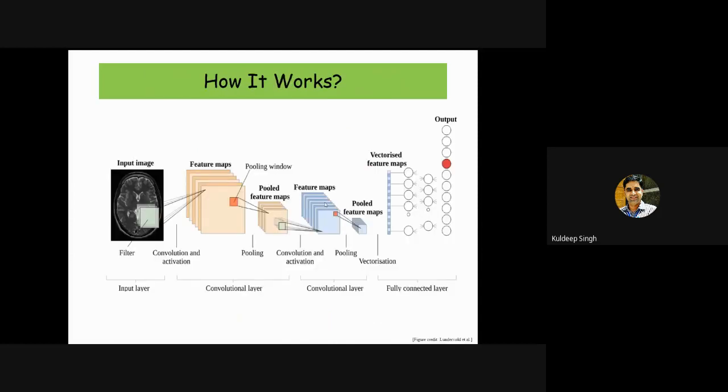So how it works, you can see the diagram here. The input image is provided. Different types of filters are applied on the input image by the convolution layer. Then some kind of activation function or rectified linear unit works on them. Then we have a pooling layer. Pooling means we are basically reducing the dimension of the input feature map.